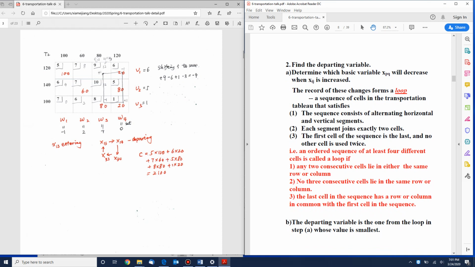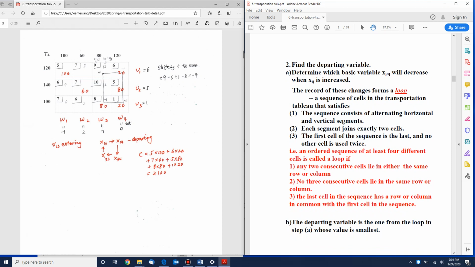When you increase 1 in the cell, you want to add 1 to it, you go to cell 24, and if we go to cell 22, you could see that along the second column there are no other basic variables. You can't do the loop, you can't connect with it.